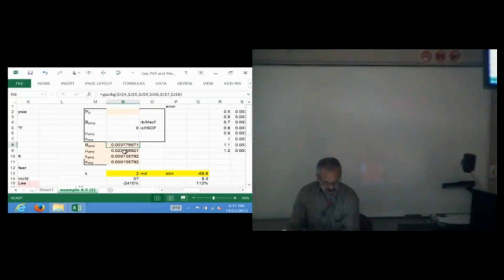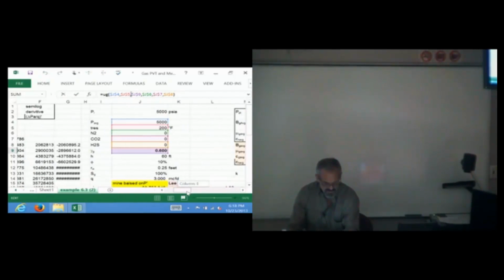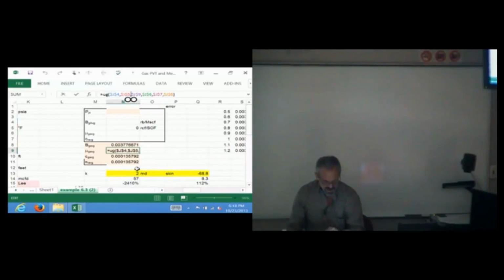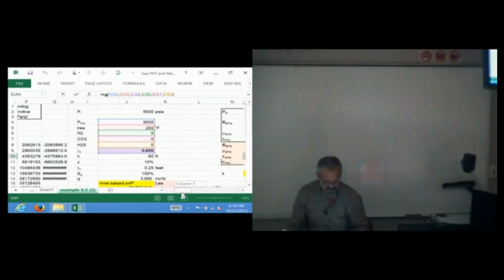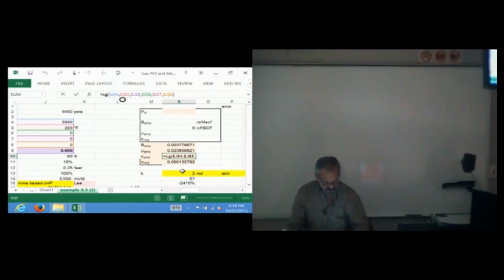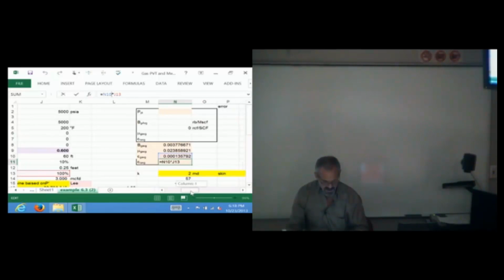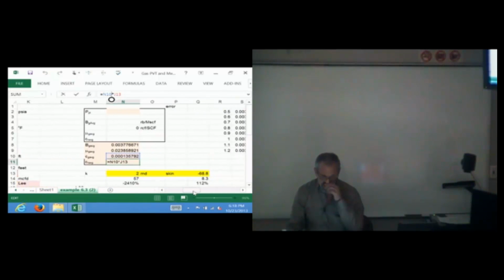That's my BG, my mu G at what pressure? 5,000. My CG at all the proper things. And my CT and I'm using 100% gas saturation. I think I'm just using 100% gas saturation so that I can get a little bit closer to the answer in the book, and I think that the book was run with the simulation. They forgot to run a water saturation.